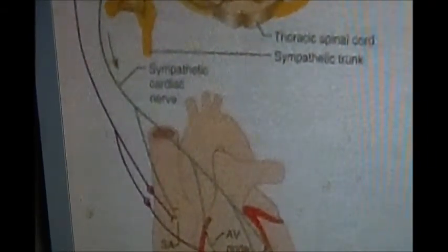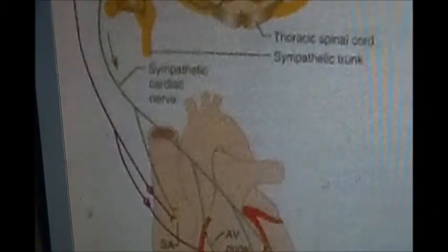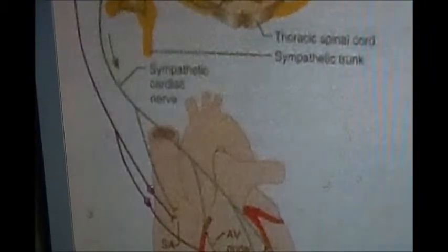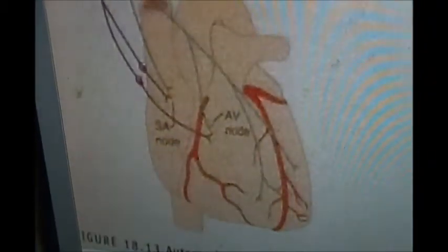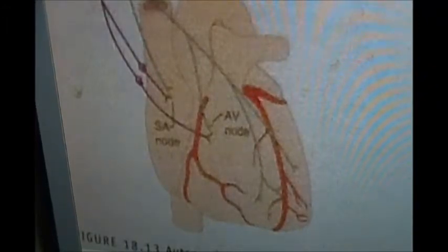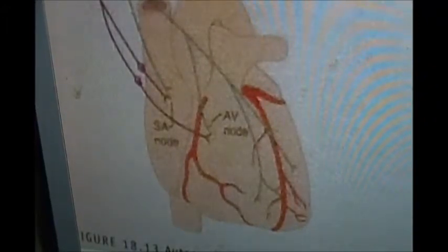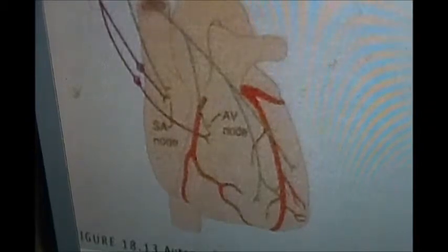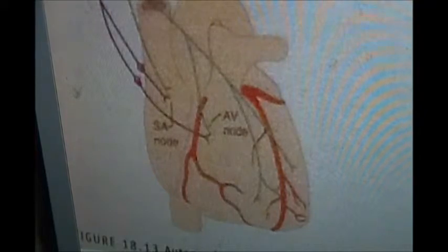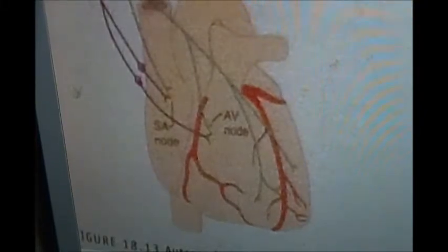The vagus nerve, which is parasympathetic, is inhibitory to the heart, and it supplies the SA node and the AV nodes. The sympathetic system also supplies the SA node and AV node, and it also supplies the musculature of the heart.